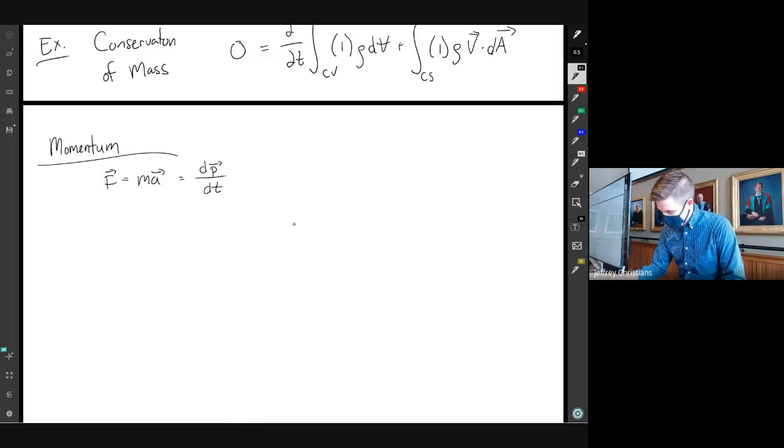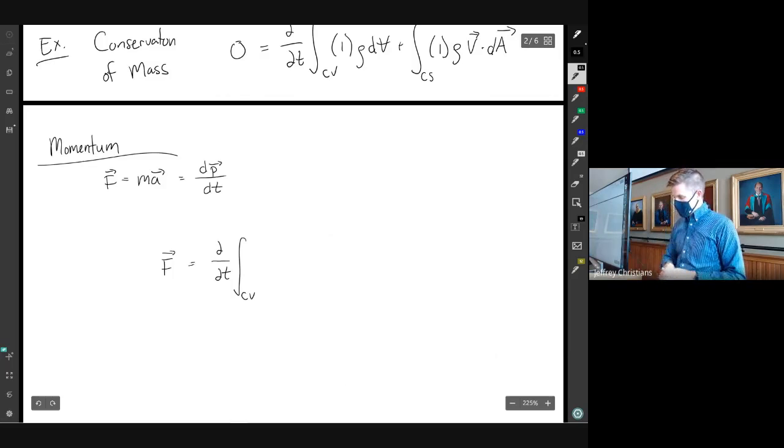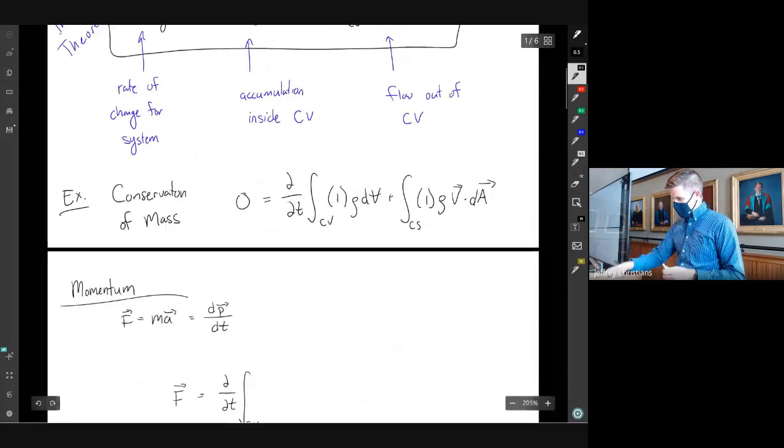The force equals d/dt of the integral over our control volume. We're using this framework.